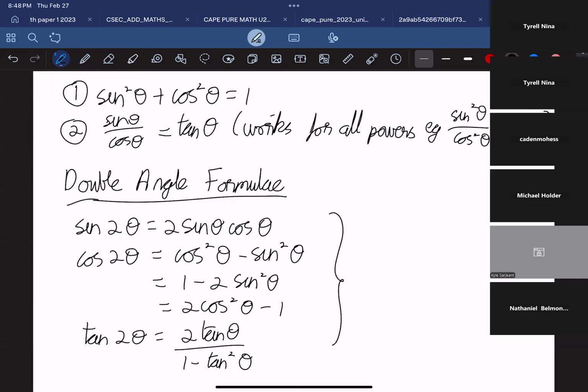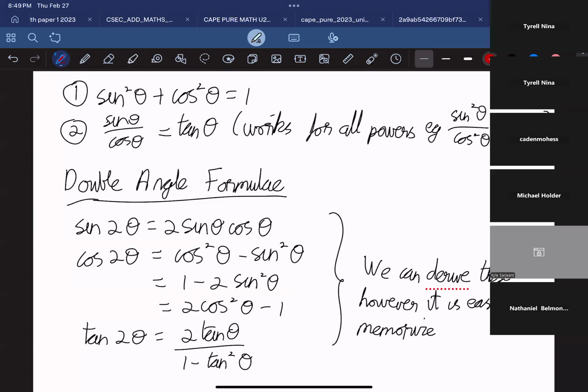Note, we can derive these. However, it is easier to memorize. I'm being real honest, it's easier to just memorize these. Especially with cos, we would use this to kind of get these.